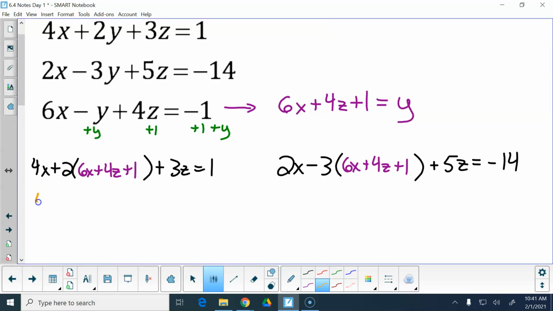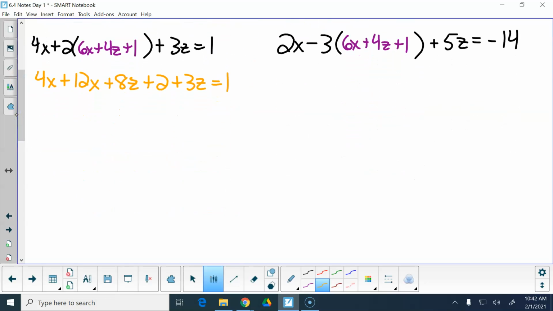So let's work this one. 4x plus 12x plus 8z plus 2 plus 3z equals 1. 16x plus 11z equals -1 when we subtract 2.